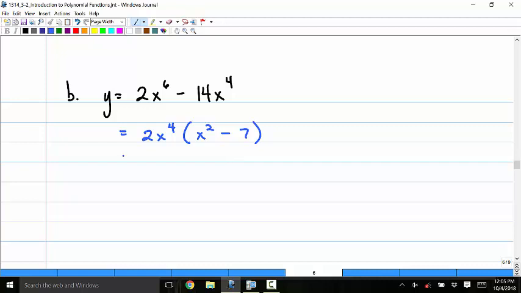So that would factor even farther: 2x to the 4th times (x minus root 7) times (x plus root 7). How many zeros do I see now? I should see 3. For this one, if I set that equal to 0, what do I get? x equals 0, do you agree?